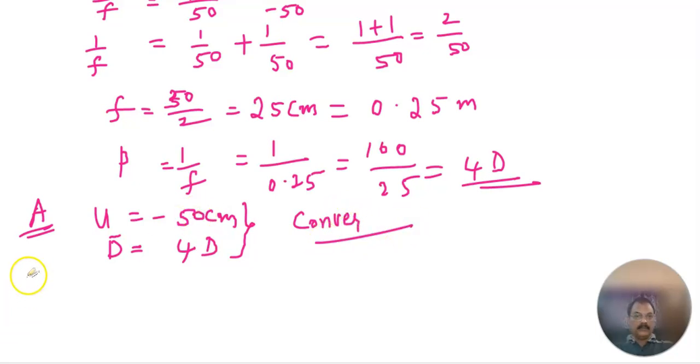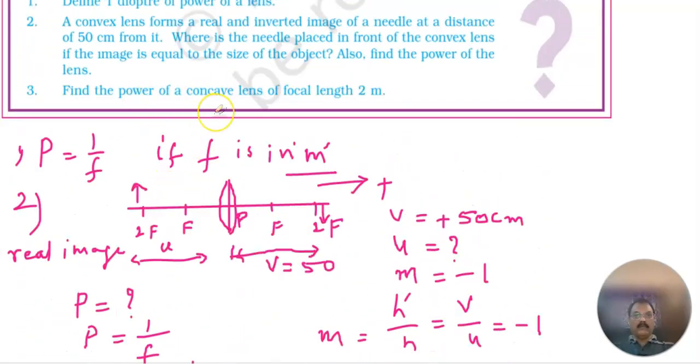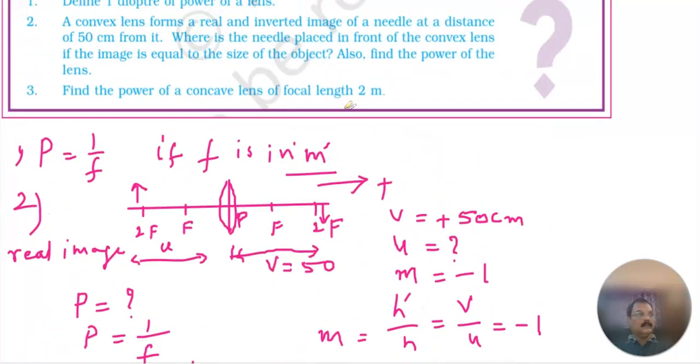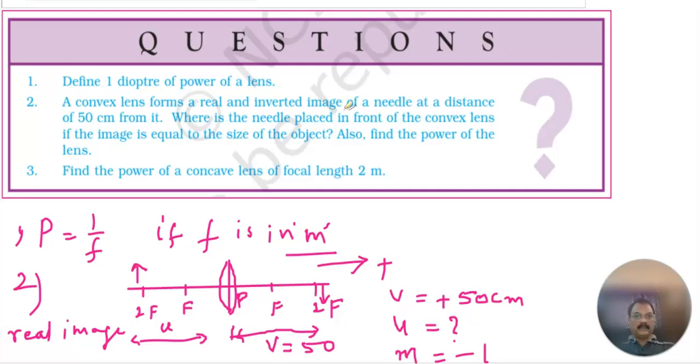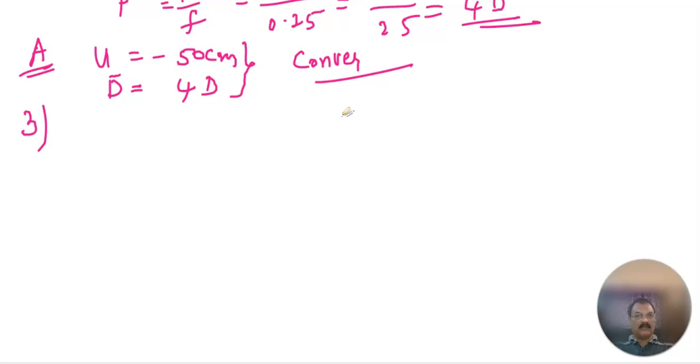Next, the third question. What is the third question given over here? Find the power of a concave lens of focal length 2 meters. Concave lens means you will get a virtual focus, which you have already seen in the theory.